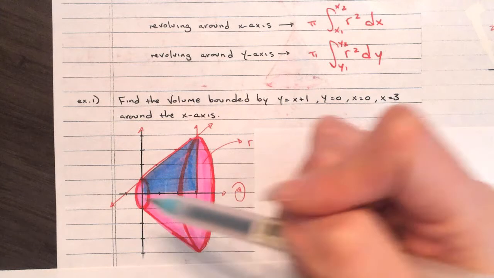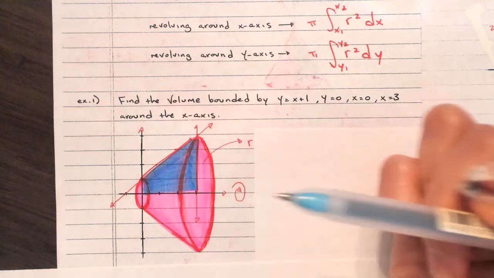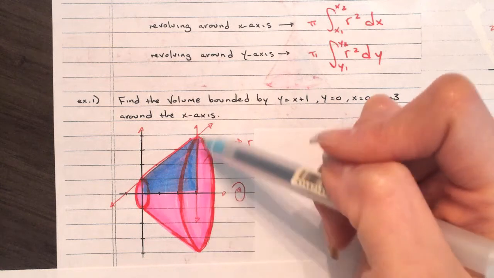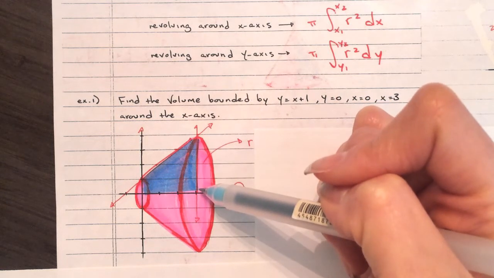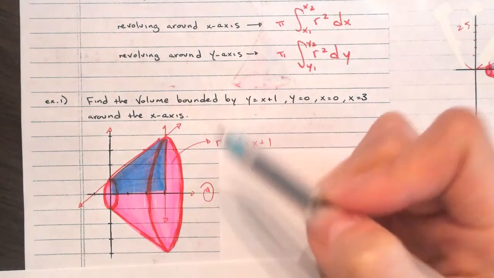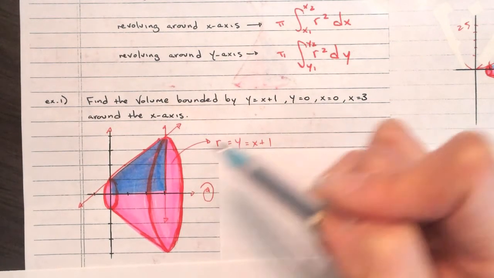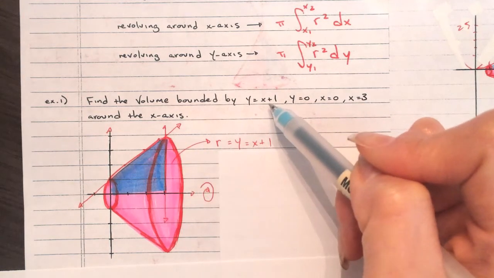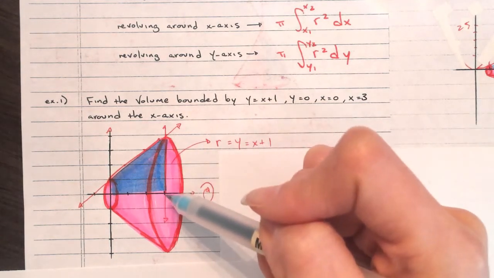When you look at this, I want you to realize you have a bunch of circles. You have a giant circle, a little circle, and then medium circles. One of these radii would be from top to bottom. So how do you get that top to bottom? It's a y value, from top to bottom. So what is the top? It's x plus 1. What is the bottom? It's y equals 0.